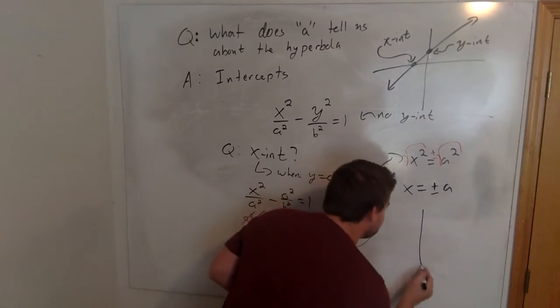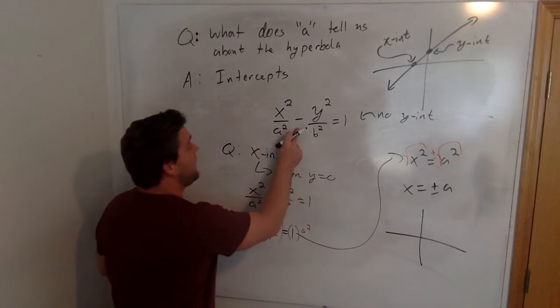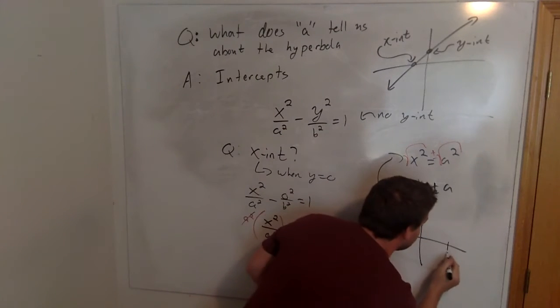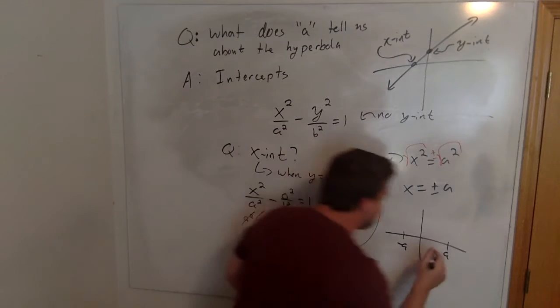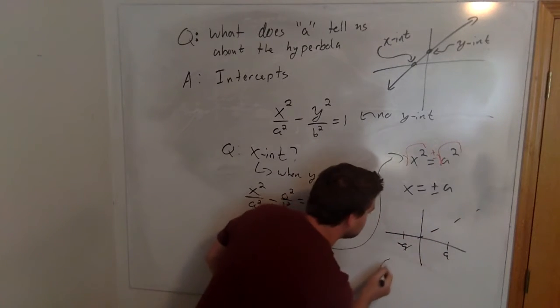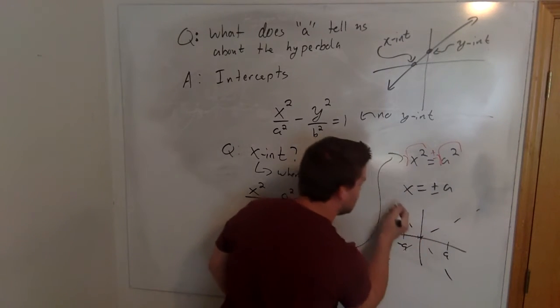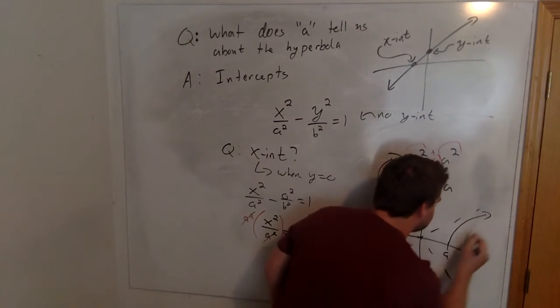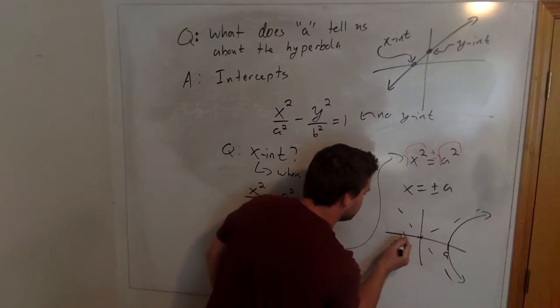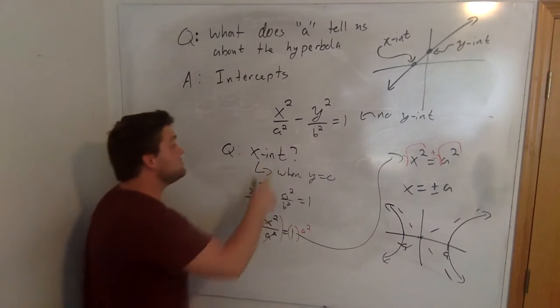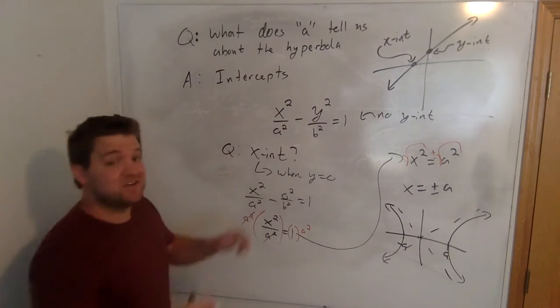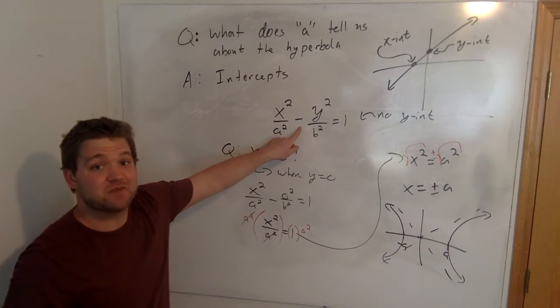This is telling us that this graph has x-intercepts when x is equal to a or when x is equal to negative a. So this must be the orientation of this equation. Notice that the x squared is the one that doesn't have a minus sign in front of it.